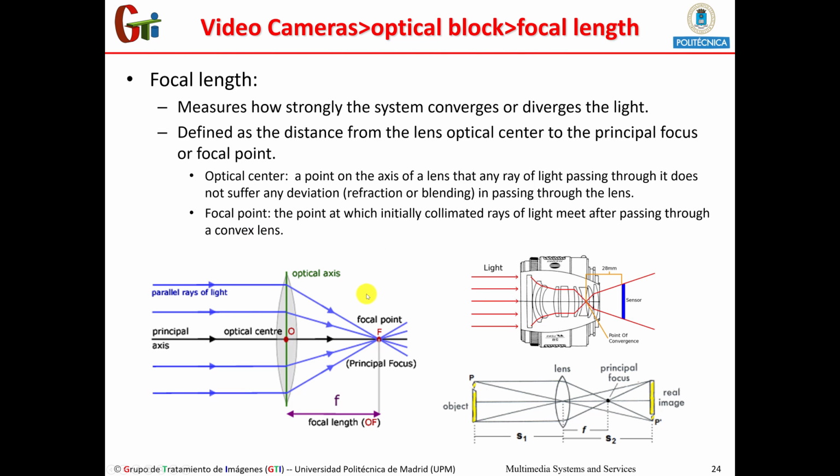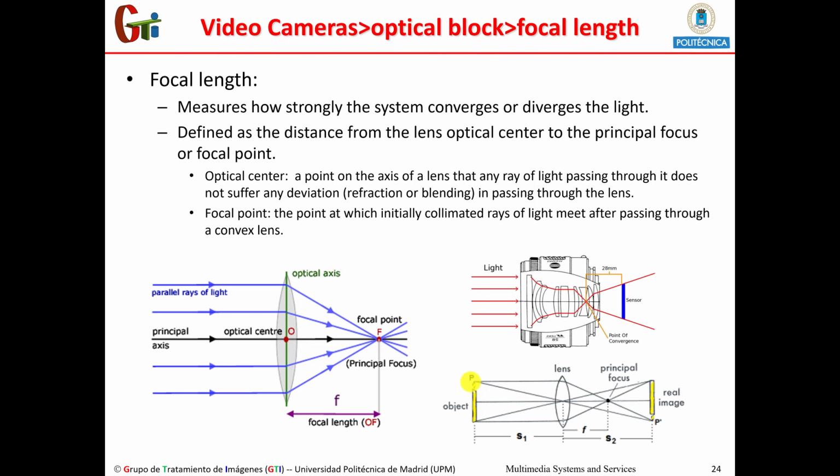This is required because usually every point of a physical object reflects rays in different directions. So if those rays impact directly on the sensor, all the sensor will have contribution from the same point, producing a totally blurred image.